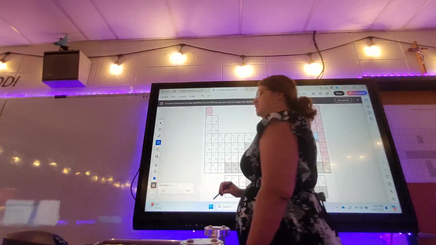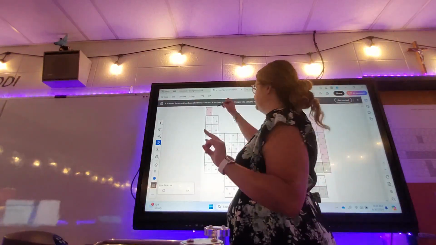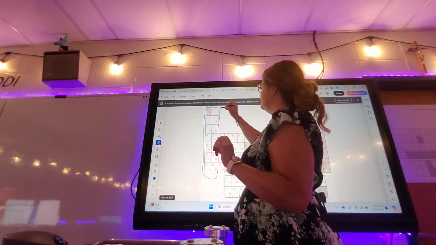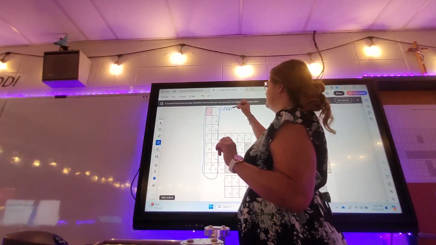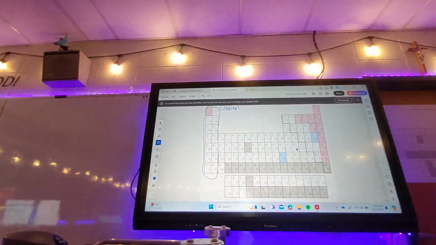All right, so the S block can have 2 electrons in it. This region of the periodic table comprises the S orbital. That says S orbital.